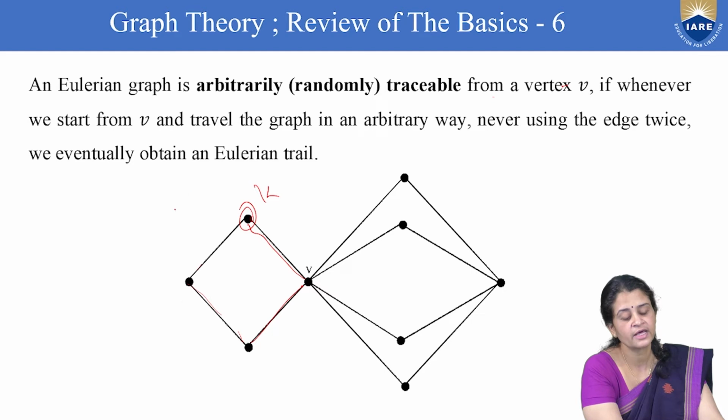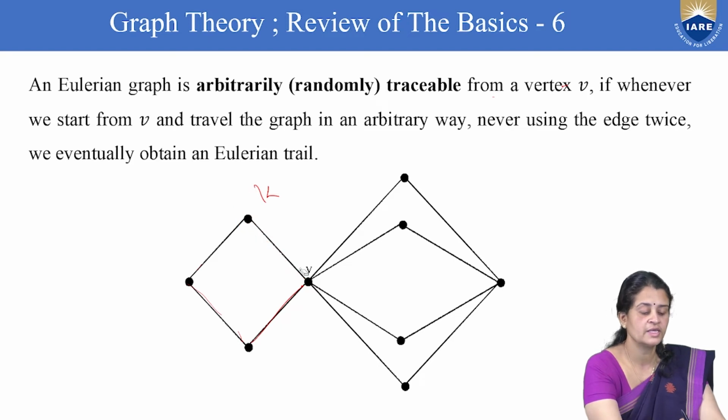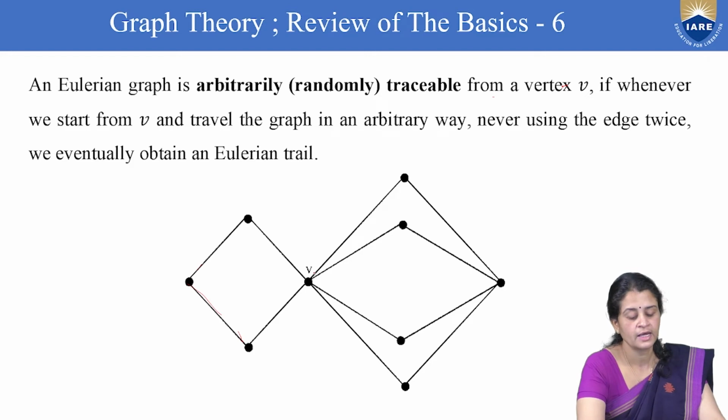Then will I get an Eulerian trail of this graph? No. But if I take this vertex V, I can have this path, and if I take this way also, it is possible. Again, I can go through these ways.